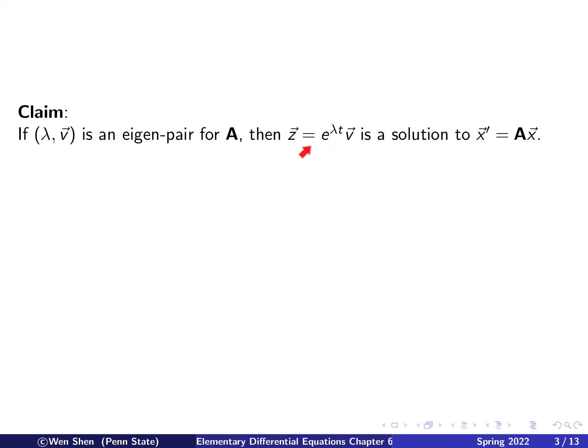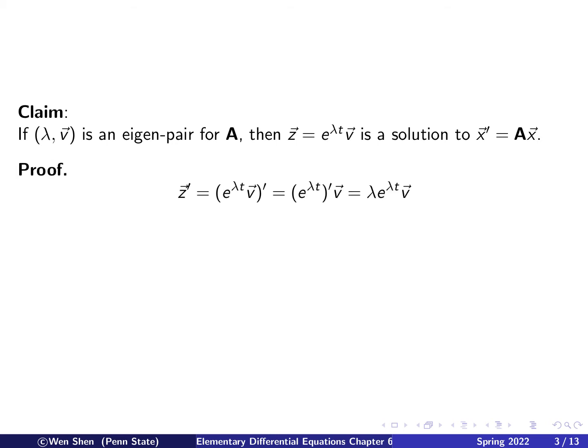Then this function z is a solution to the system of ODE x prime equals Ax. So here we are just talking in the general setting that if you find this eigenpair, and we know for the A matrix we could have multiple eigenpairs depending on the property of the matrix, that comes later to be useful.